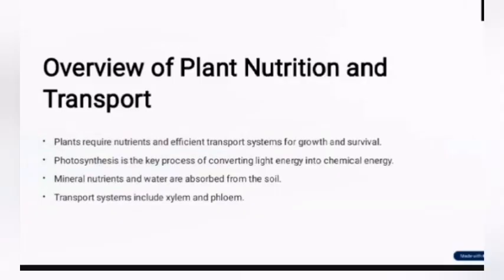The compound it converts it to is carbohydrate. You can call it glucose, fructose, galactose, any type of carbohydrate. That's the hexose. So utilizing carbon dioxide and water, and giving off oxygen as a byproduct.